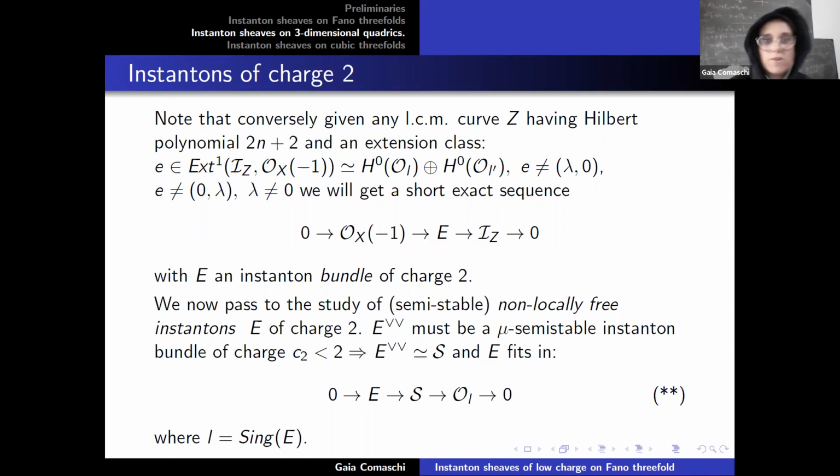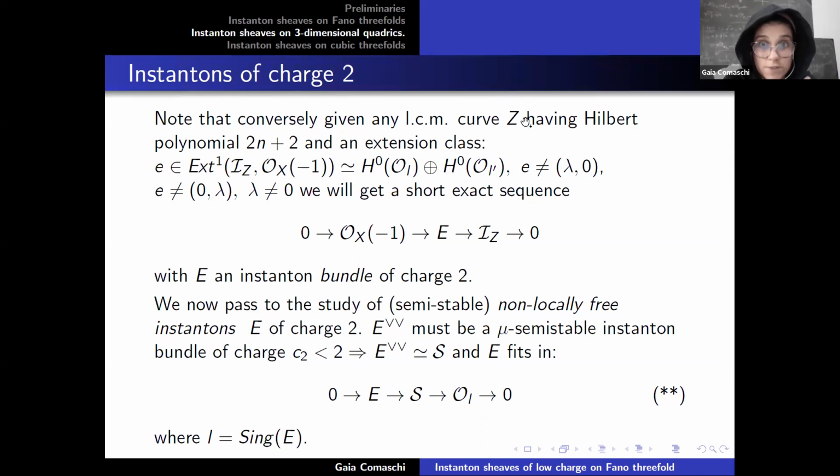So note that conversely, whenever we start from a locally Cohen-Macaulay curve Z on X that has Hilbert polynomial 2m plus 2, which implies necessarily that either Z is the union of two disjoint lines or Z is a double structure on a line having genus -1.